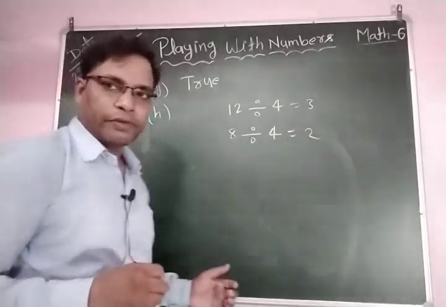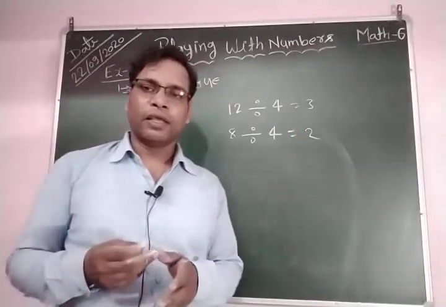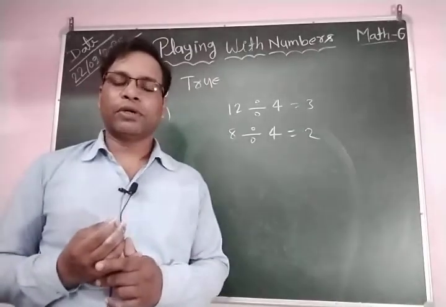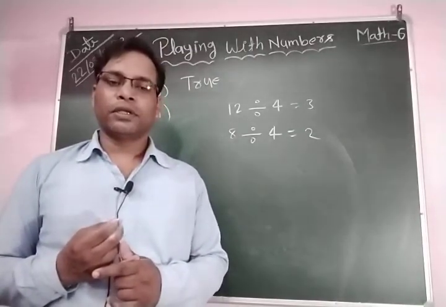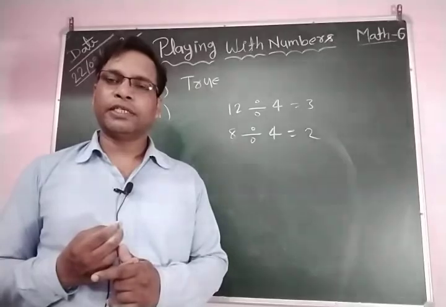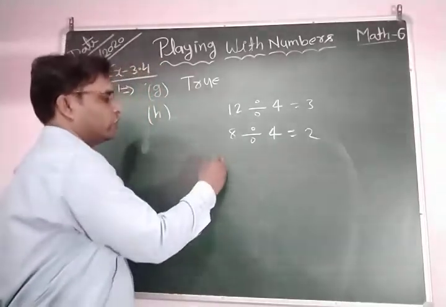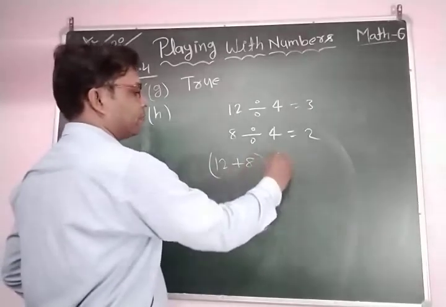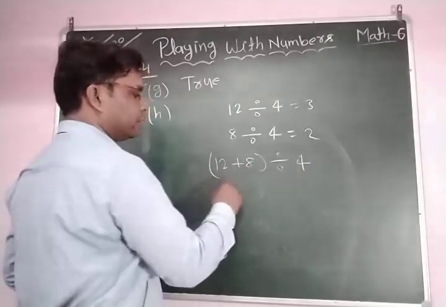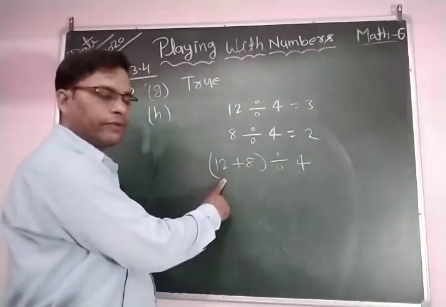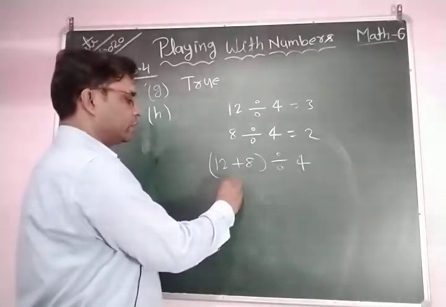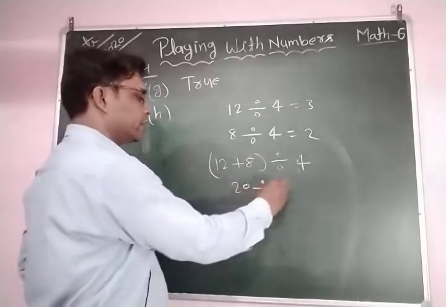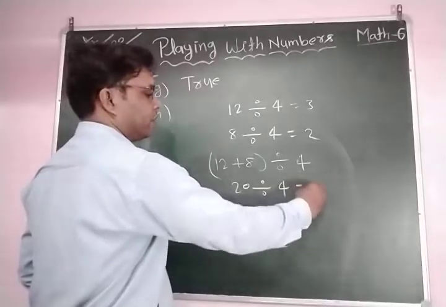So here 4 divides two numbers separately, and according to our statement, it also divides their sum. What is the sum of 8 and 12? Their sum is 20, and 20 is also divisible by 4.